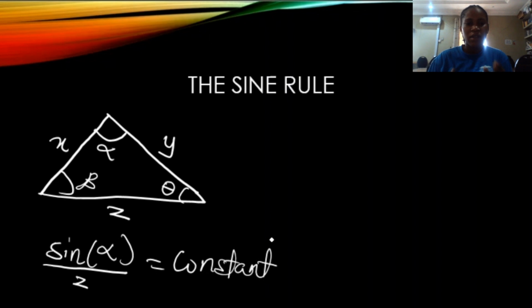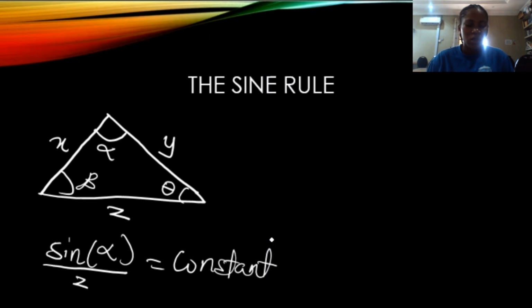So the sine of an interior angle in a triangle over its opposite side is a constant. That's Lami's theorem. A constant is just a number, meaning when you divide it, you get just a number, not anything that includes a variable.